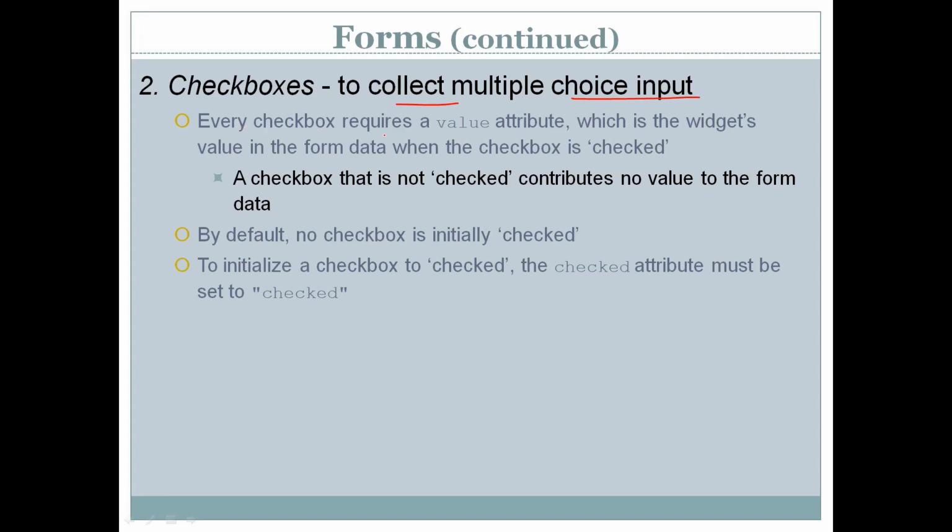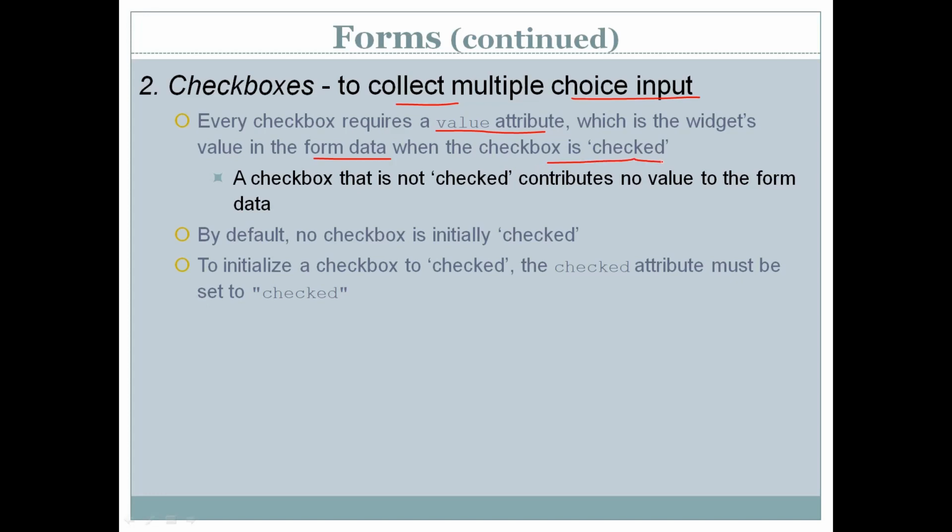Every checkbox requires a value attribute. Whenever we create a checkbox, the tag which is used is still the input tag. The input tag should have a value attribute, which is the widget's value in the form data when the checkbox is checked.